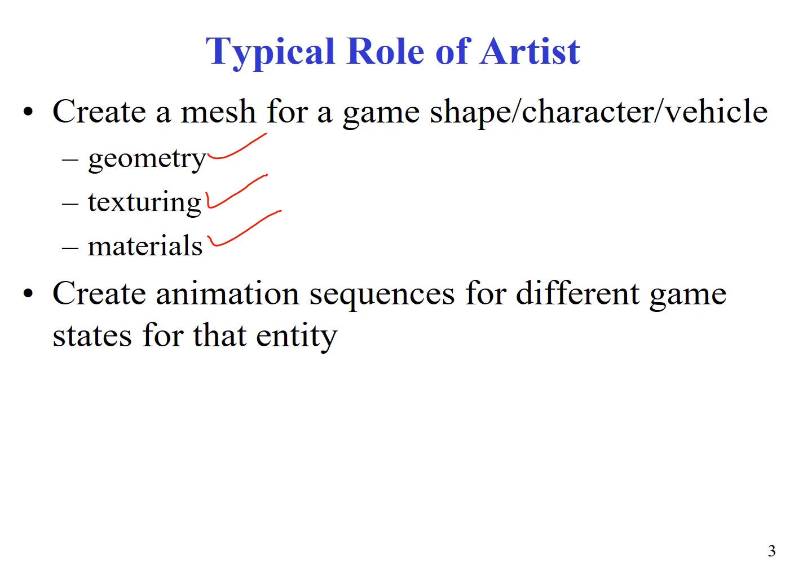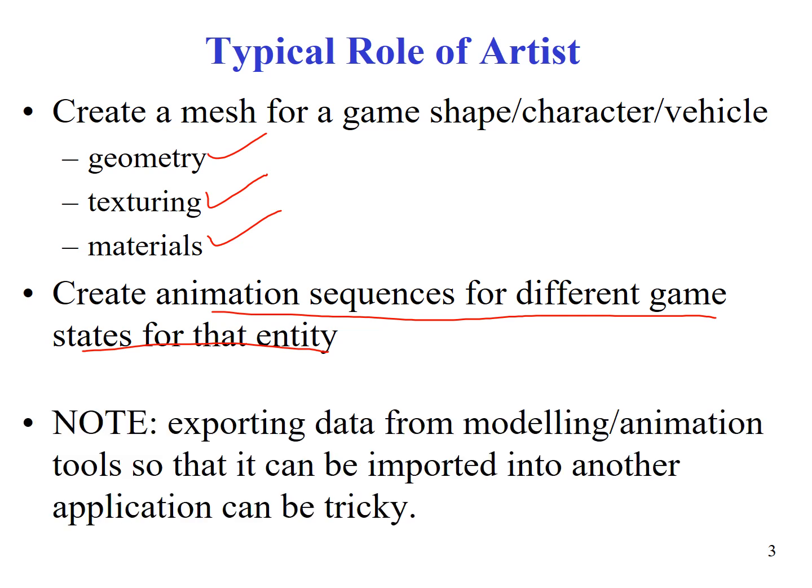And then they create animation sequences for different game states of that entity. Note that exporting data from modeling animation tools so that it can perform the same animation in another application can be tricky. This is part 2 of your project.